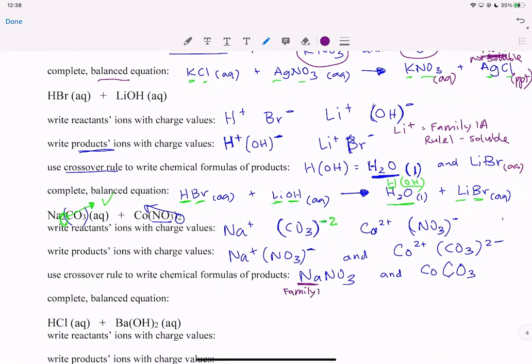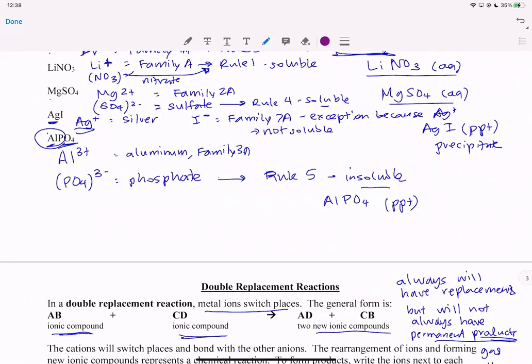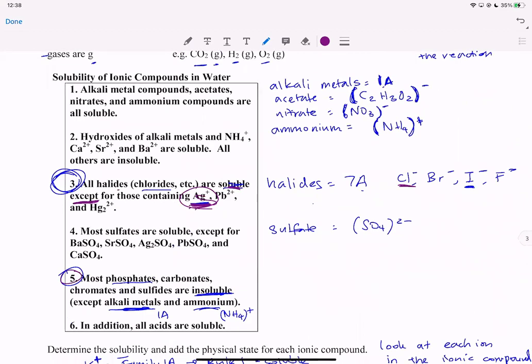That's rule 1. Family 1A is soluble, so that's going to be aqueous. You don't need to bother with the NO3, but that's also rule 1. CO3 is a carbonate ion, and carbonate ions are rule 5.